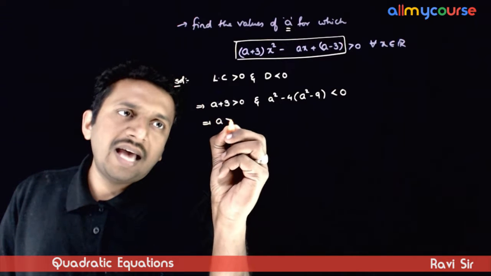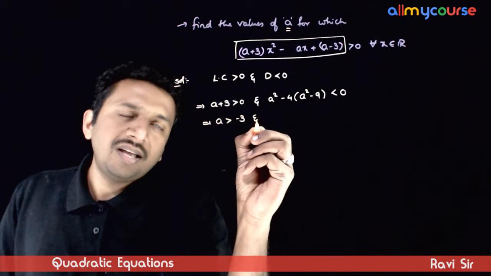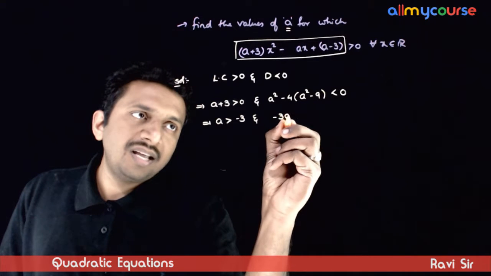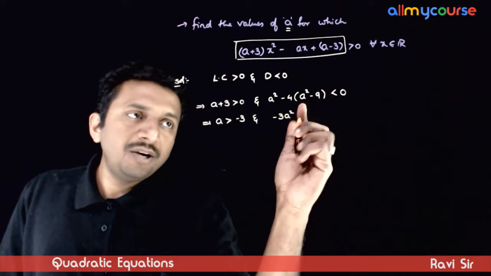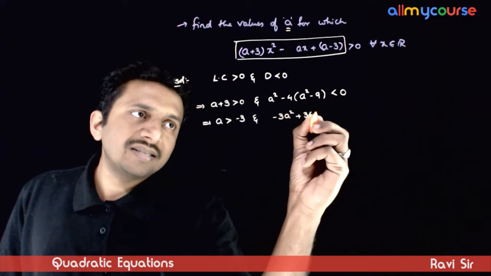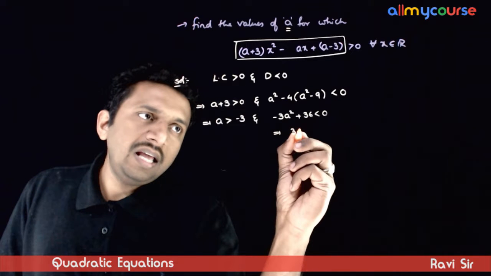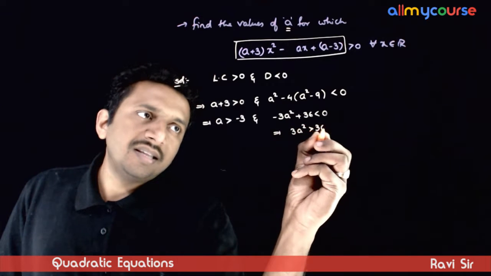This implies a has to be greater than −3, and a² − 4a² is −3a². Minus 4 into minus 9 is plus 36, less than 0. Or 3a² is greater than 36.